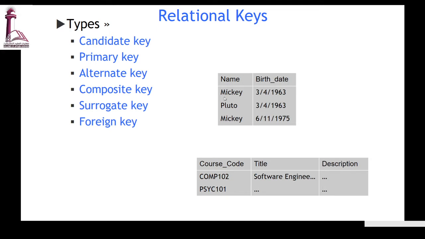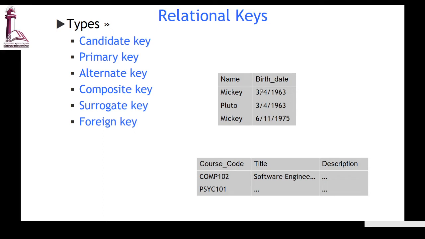So what we can do is combine these 2 columns. If you combine name and birth date, then it will be unique. Mickey and 3/4/1963, Pluto and 3/4/1963, Mickey and 6/11/1975.